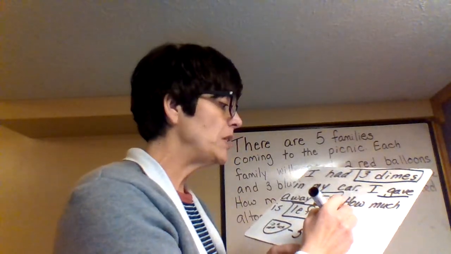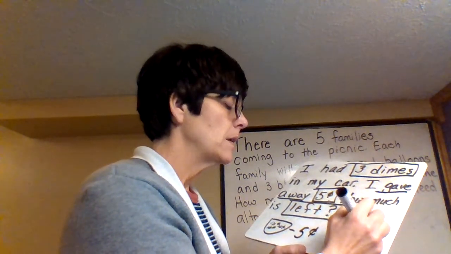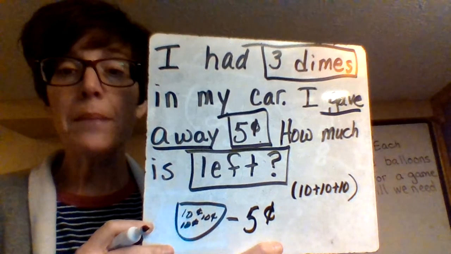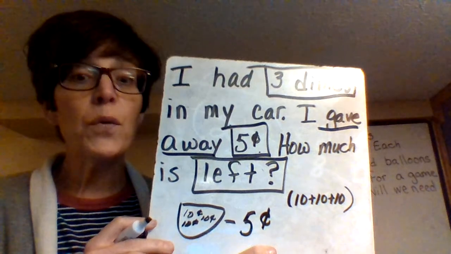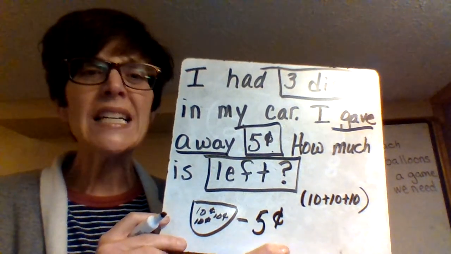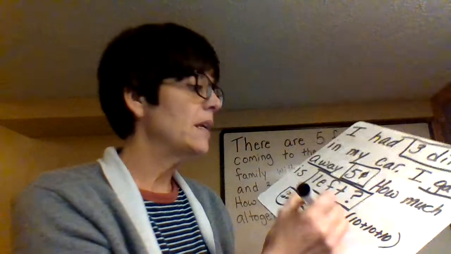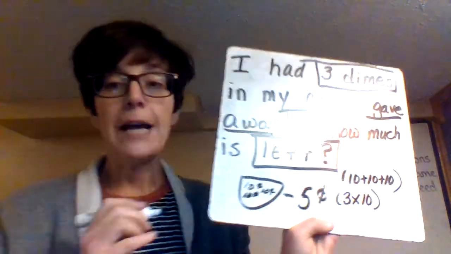Could absolutely do that. So I could do that in parentheses. First, I need to add it 10 plus 10 plus 10. But gosh, now that I'm getting really close to being a 4th grader, I'm hoping your brain is saying, hey, that's 3 groups of 10 that I could have multiplied 3 times 10.